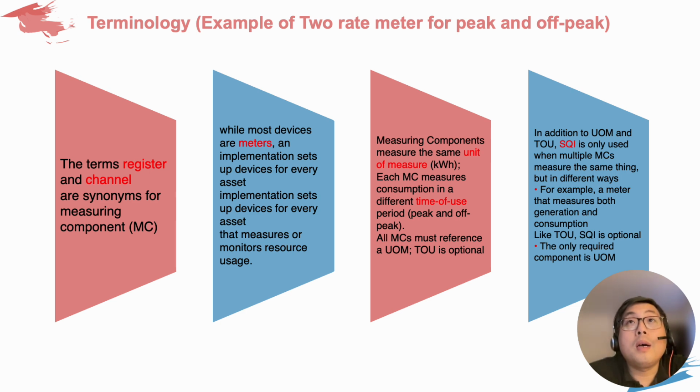Okay. Measuring components measure the same unit of measure. Each measuring component measures consumption in a different TOU. All measuring components must reference a UM. TOU is optional.